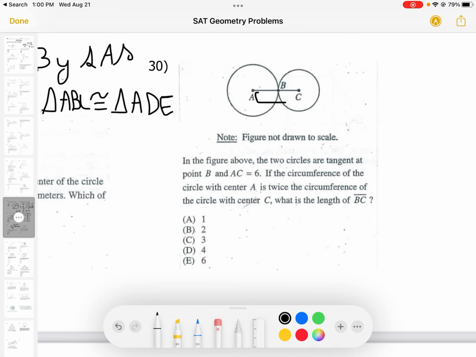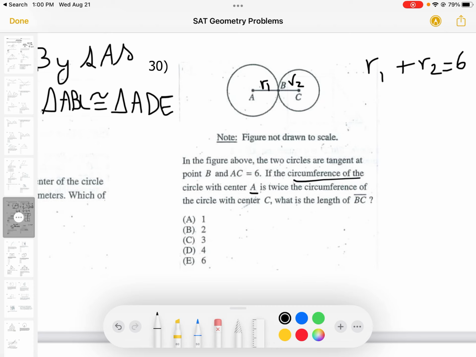Okay. So clearly AC is just the sum of the two radii of the circles. So I'm going to call the radius of circle A R1 and the radius of circle C R2. We know R1 plus R2 is equal to 6, right? And what do we also know?